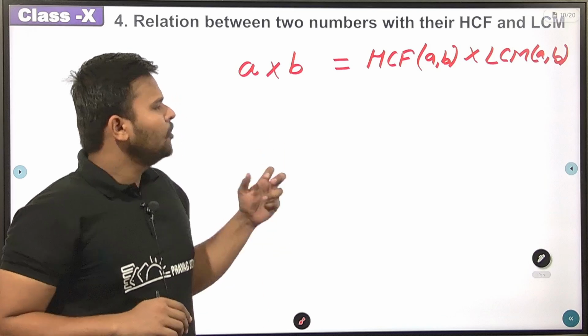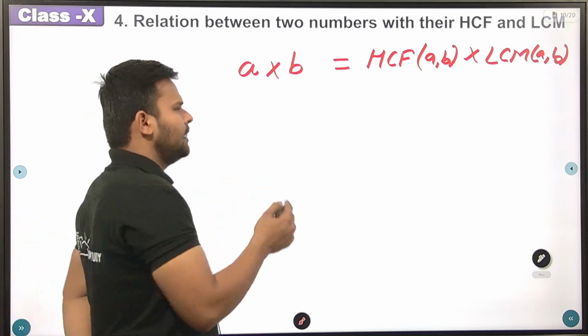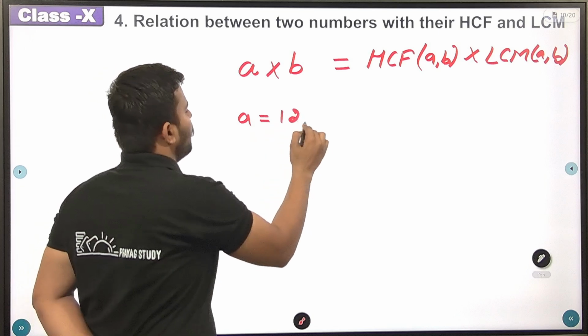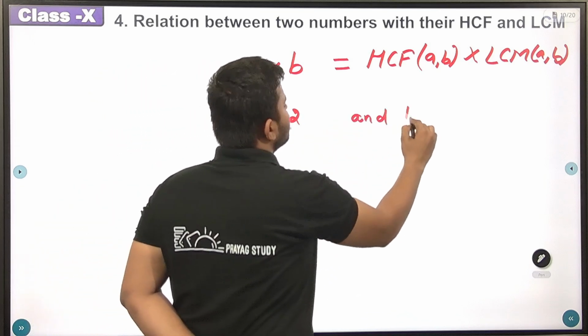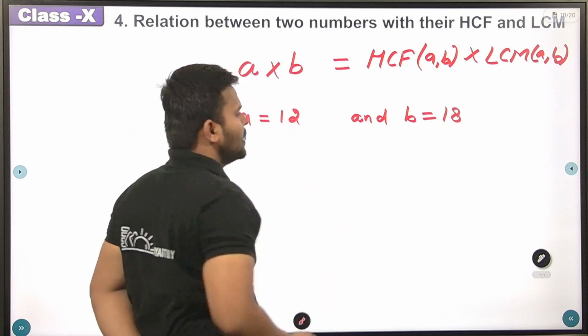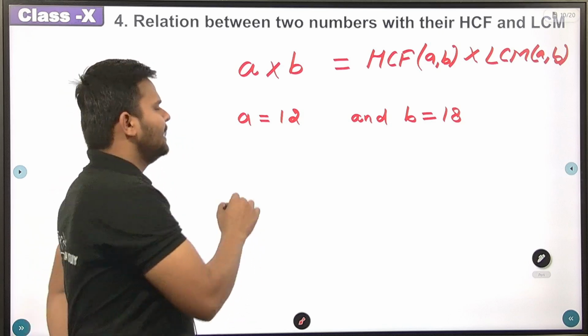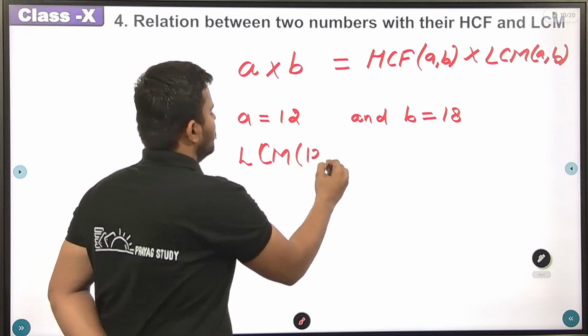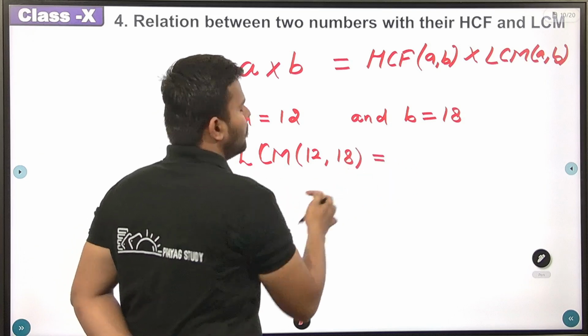Now how can you understand this? Let me take an example of two numbers. Let's say we have two numbers, 12 and the second number is 18. Now if we take the LCM of 12 and 18, how much will we get?